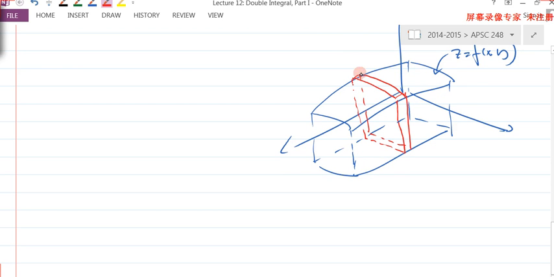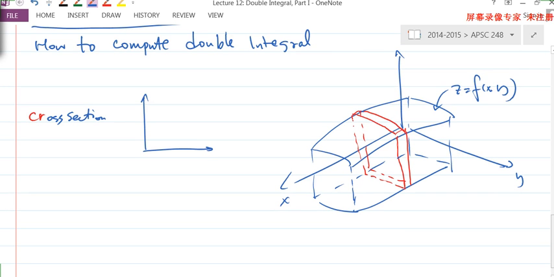So if I look at this cross section here, what does the cross section look like? Okay, so that cross section will look more or less like this. So basically, this is y, this is x, and this is z.